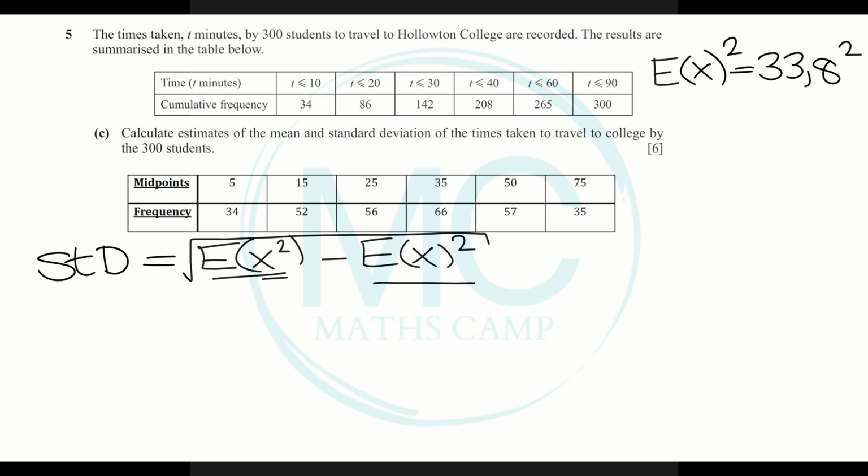And to do this, we square each midpoint and we multiply it by the respective frequency.